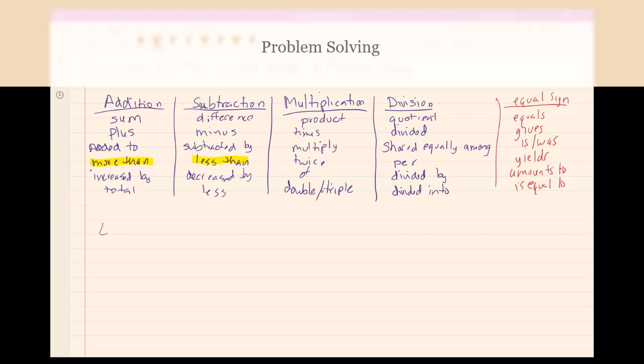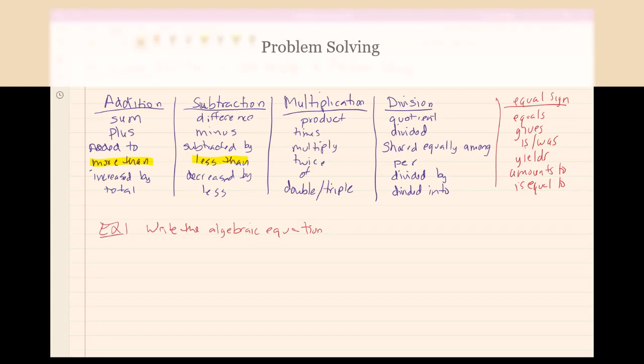So for the first example, we're going to write the algebraic equation.